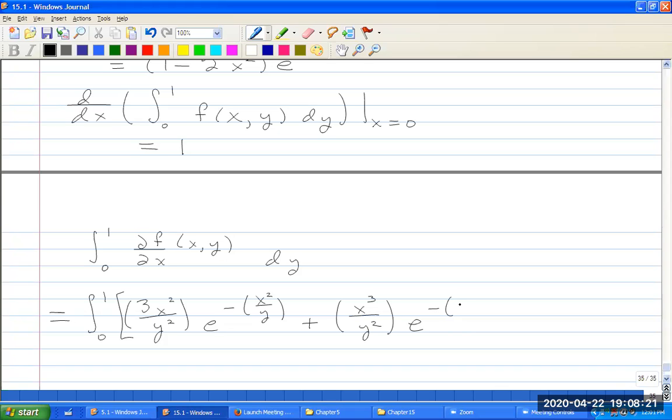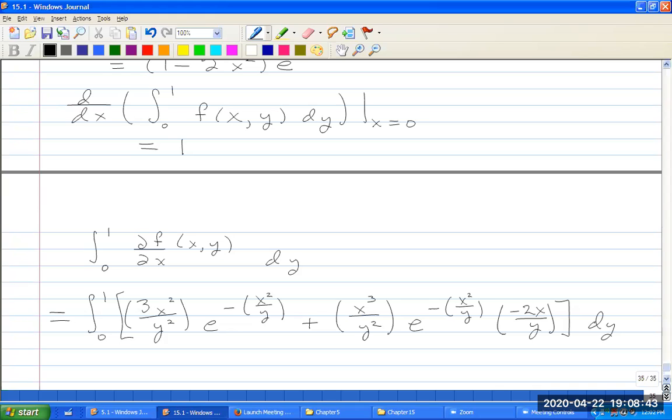The derivative of e to any exponent is e to that exponent times the derivative of the exponent, negative 2x over y, dy. Okay, so that's the partial derivative.